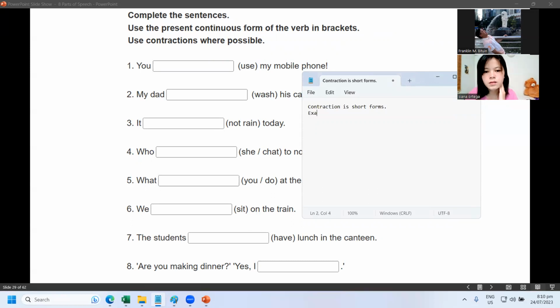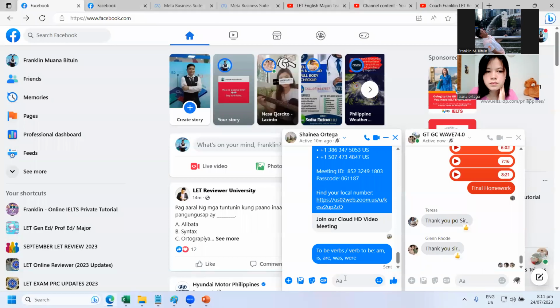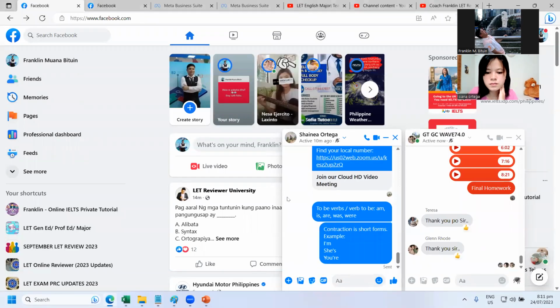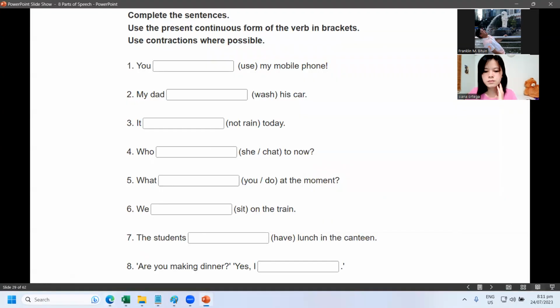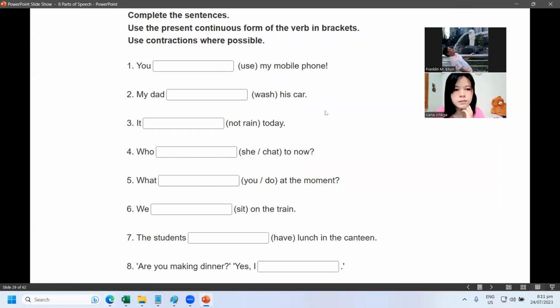Example, you say I'm. Okay, that's a contraction. All right, you say she's, you're. Short forms. Those are examples of contractions. So those are what we call contractions, short forms. Okay, so you can answer this.